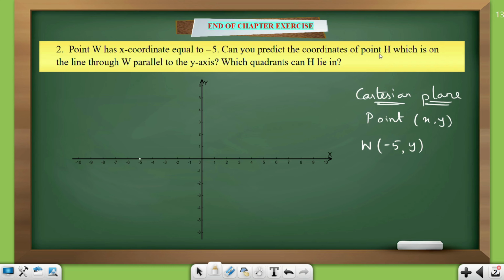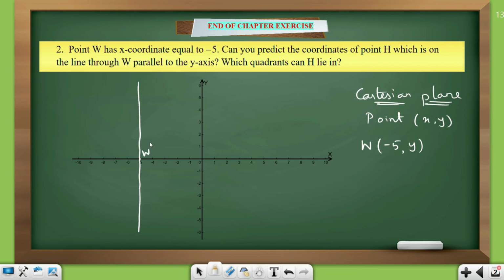Now they are saying that H is located on the line which is passing through the point W and is parallel to the y-axis. Since this is our y-axis, this is the line passing through W, and also parallel to the y-axis. So the question is, can you find the point H?